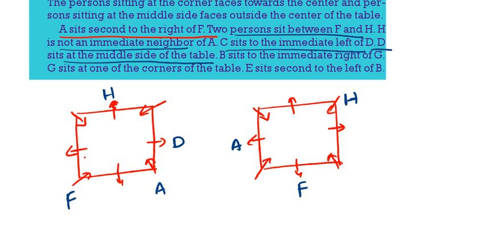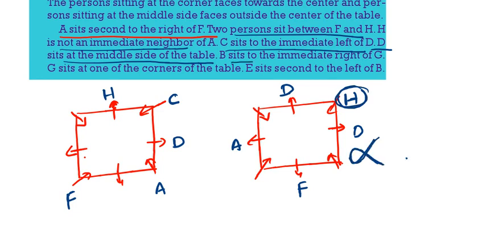C is to the immediate left of D. Since D is facing away, C is to the immediate right of D. In the second case, if I take D here, C should be on the immediate right, so I can't take C here. If I take D here, I should take C here. So the second one is completely wrong.